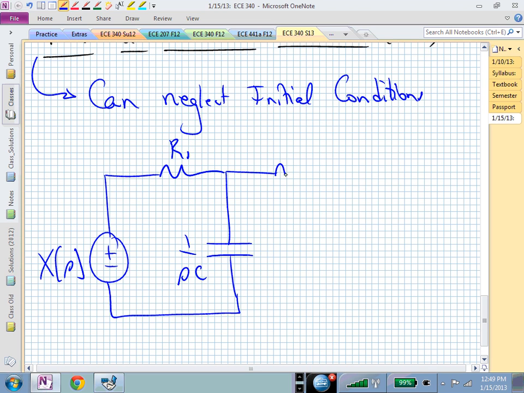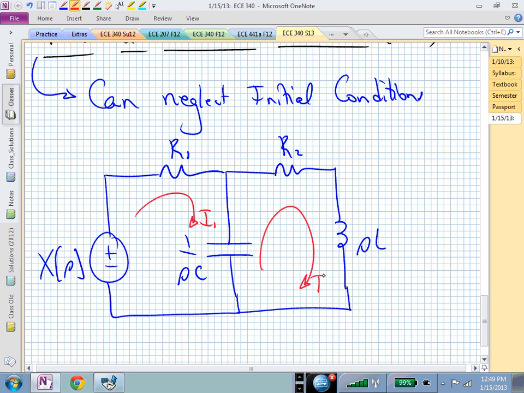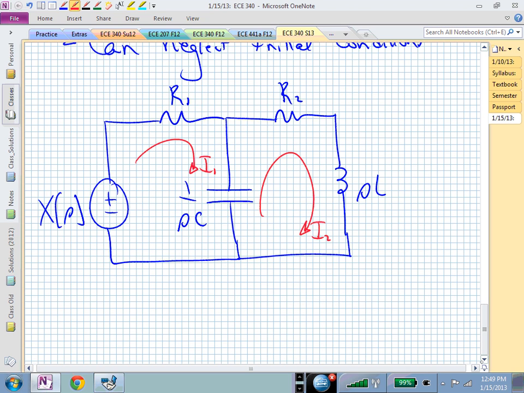I have this other resistor, and I have this inductor that has an impedance SL. And now I think everyone is leaning towards mesh analysis. Oh, and I need to find that voltage, Y, with that polarity.